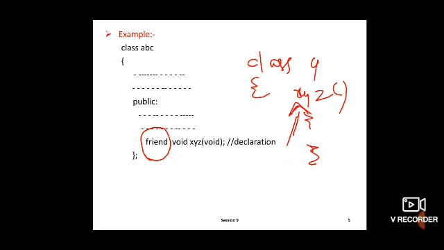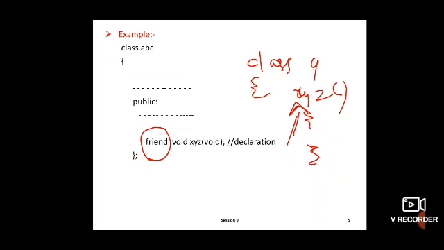You can create more than one class in one program. Remember, class forward declaration means writing the keyword class, the name, and a semicolon. It is necessary because when we declare a friend function in the first class, an object of the second class may also be passed as an argument to it.